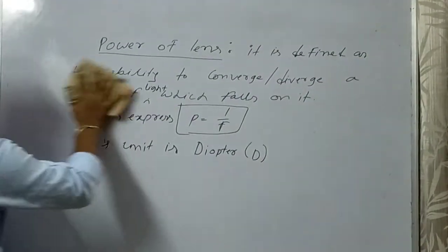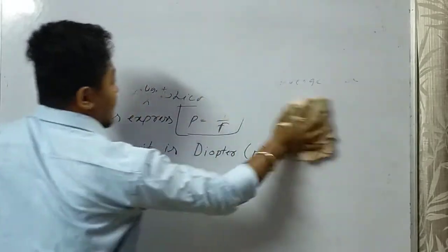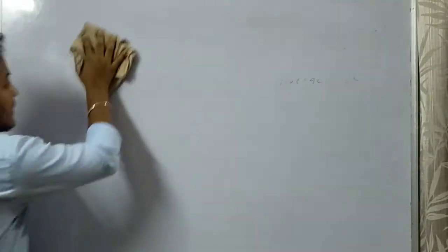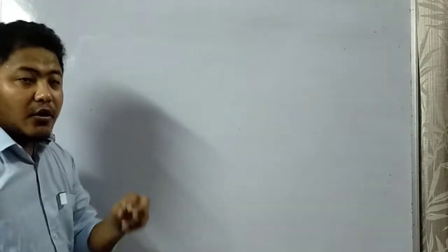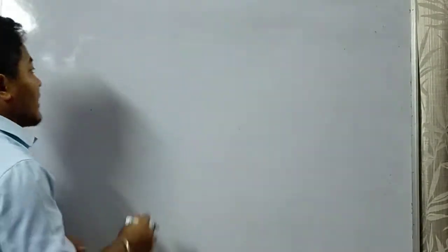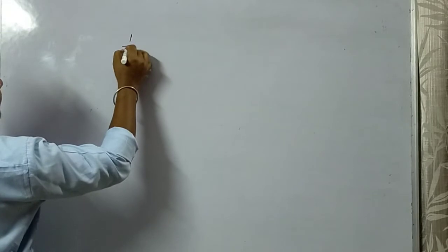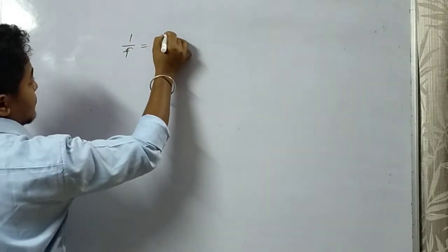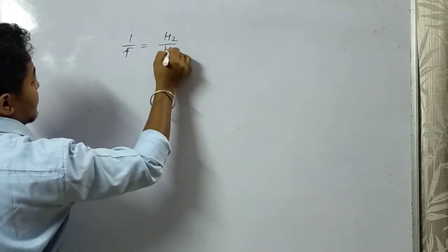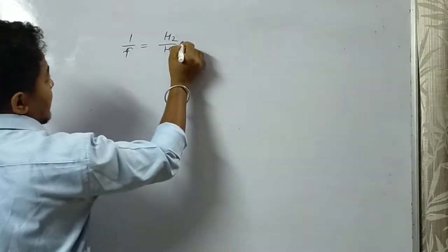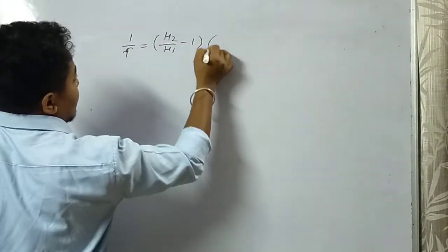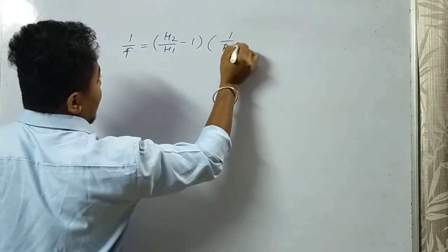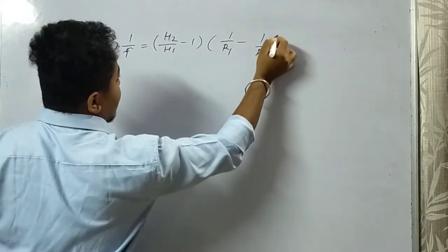If I again go to the lens maker formula, what we found finally, according to the lens maker formula, is 1 by f is equal to (mu 2 by mu 1 minus 1) whole into (1 by R1 minus 1 by R2).